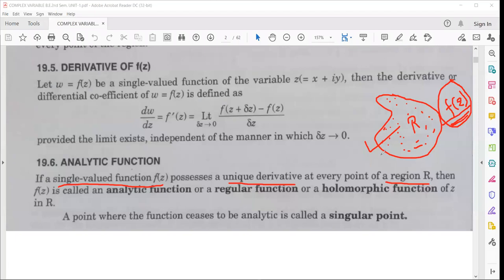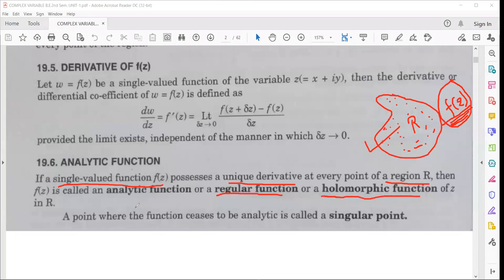So again, what is the analytic function? A single valued function f z is said to be analytic over a region R if the derivative of f z will exist at each and every point of the region R. Then the function f z is said to be analytic over the region R, or sometimes it is also called regular function, or sometimes holomorphic function.